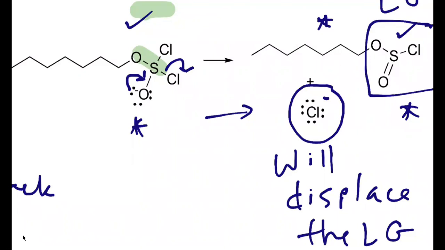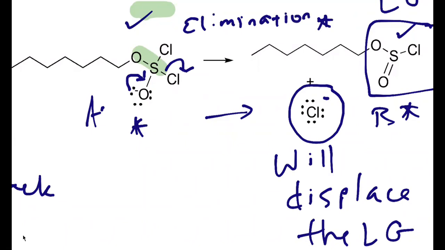This mechanism is a little bit longer, but it's still relatively short compared to others. So I'm going to call this A. To go from A to B is an elimination. Do y'all remember that from part 1? Anytime you eliminate, you always make a pi bond.